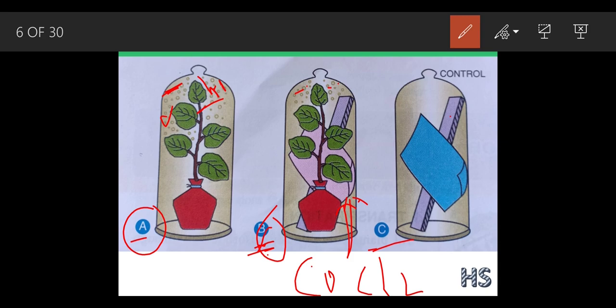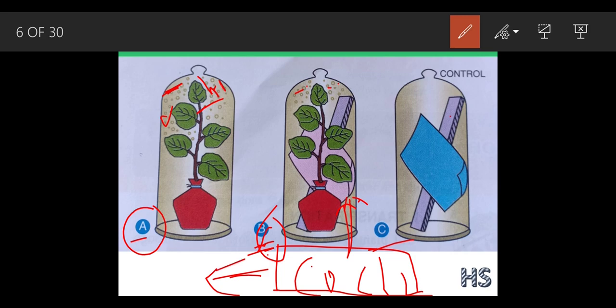When it comes in contact with moisture, it turns pink. When it is dry, it is blue, and when this paper becomes wet, it becomes pink. This cobalt chloride experiment is there in chemistry also, practical chemistry. So one should easily understand this part.